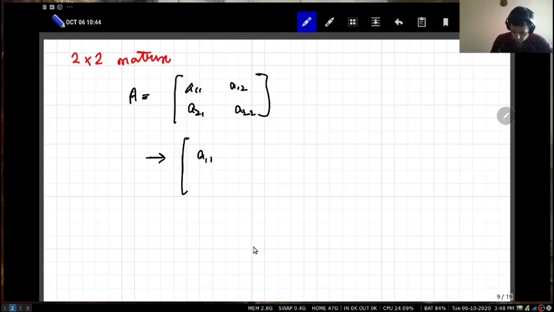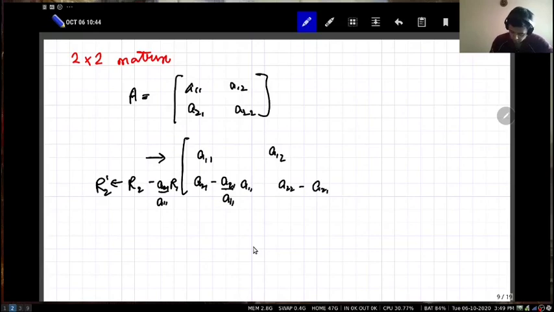So this is A11, A12, A21 minus A21 by A11 times A11. So my R2 prime is R2 minus A21 by A11 R1. So this is A22 minus A21 by A11 A12, right?